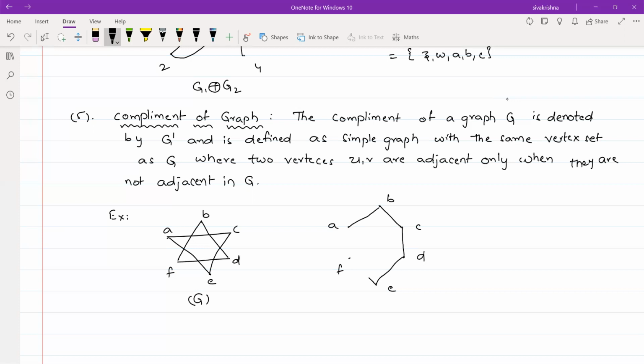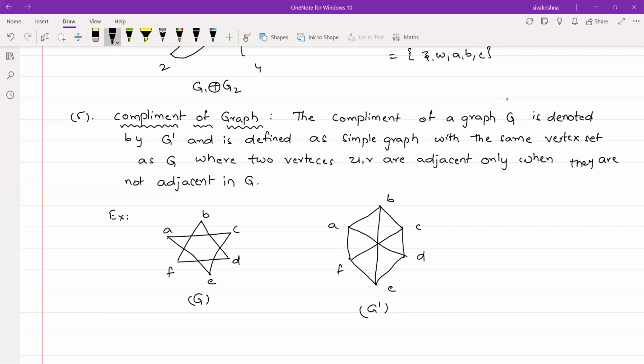And also from E to F, and from F to A. After that, we are also not having an edge from A to D, so we have to draw an edge from A to D. And we are not having an edge from C to F, so we have to draw an edge from C to F. And we are not having an edge from B to E, so we have to draw an edge from B to E. So this is G dash.